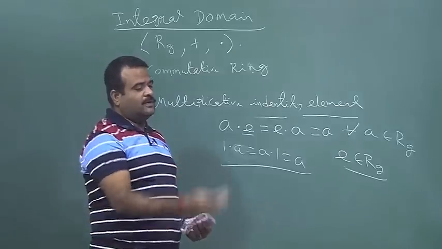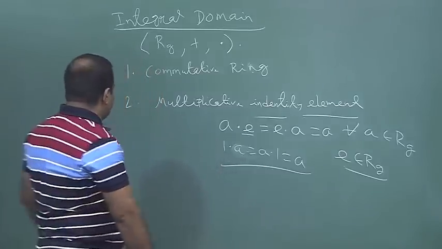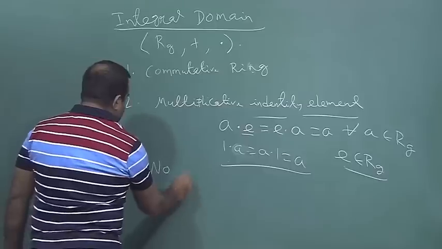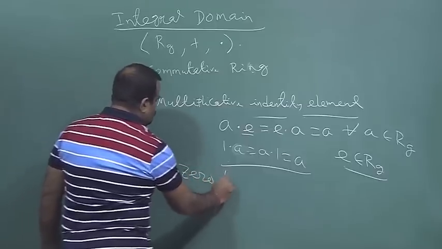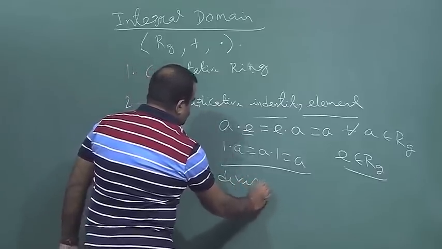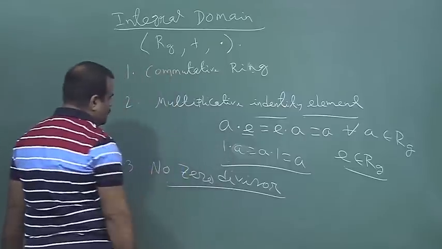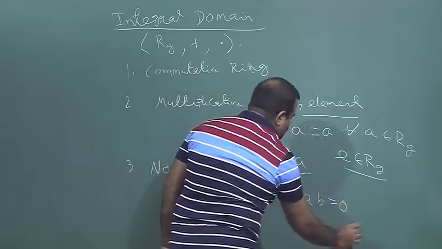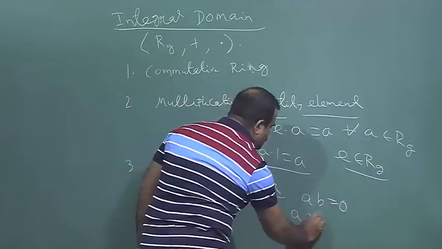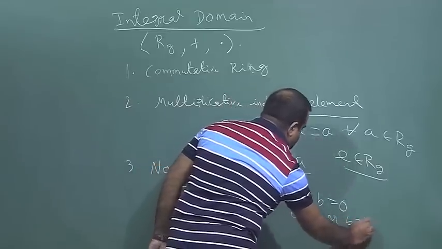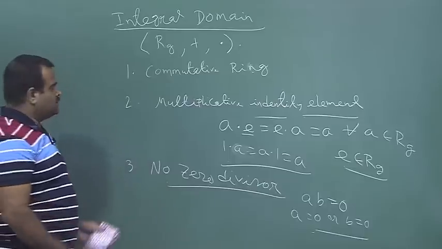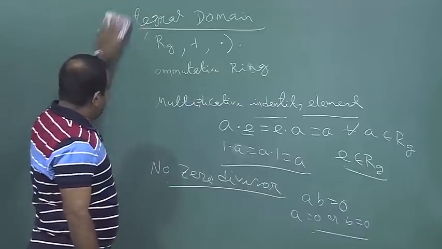If all these properties are satisfied, then it is called an integral domain. So, if these 4 properties are satisfied, then it is called an integral domain.